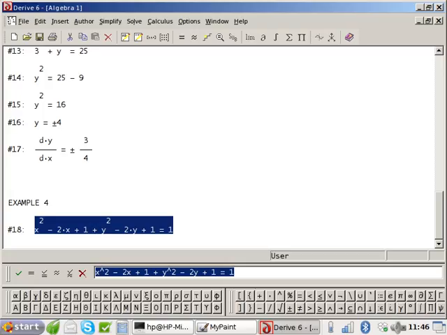Did you get the derivative? That might be step 1. Find dy dx. Yeah, so the derivative of 1 would be 0.